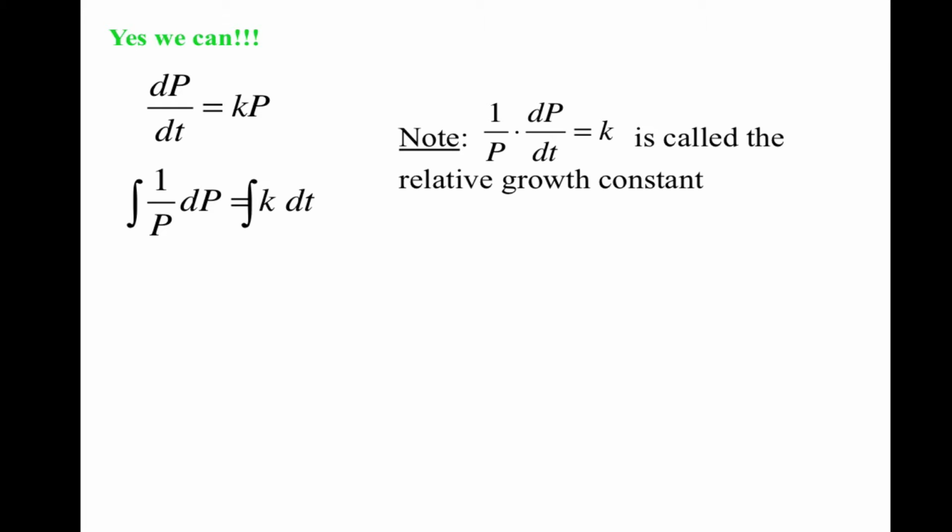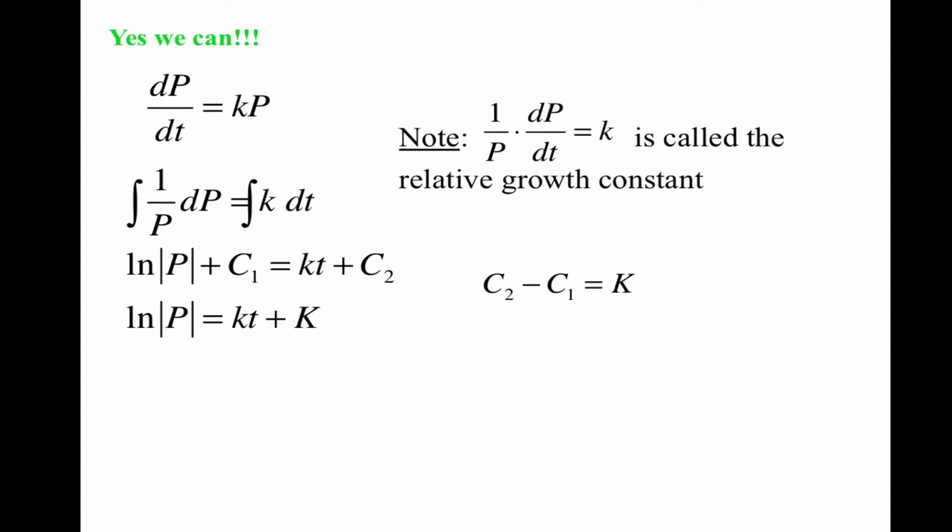So now I'm going to go ahead and integrate both sides. On the left-hand side, the antiderivative of 1 over P is the natural log of the absolute value of P plus some constant, equal to kt plus some constant. I am going to move the constants to one side.